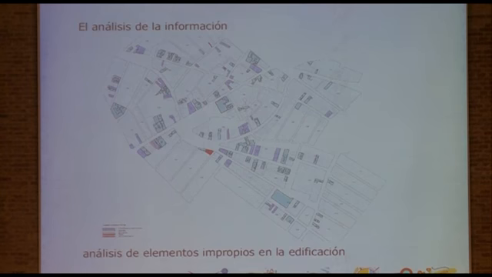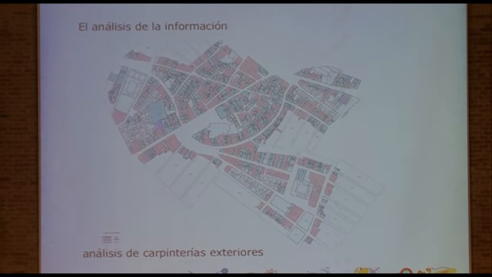The improper elements are those which do not correspond to the places, to the times. For instance, a 16th century building with an aluminium window, so it's not so terrible. The Burriana Museum is in such a situation. A good conservation guarantees a good value nowadays.